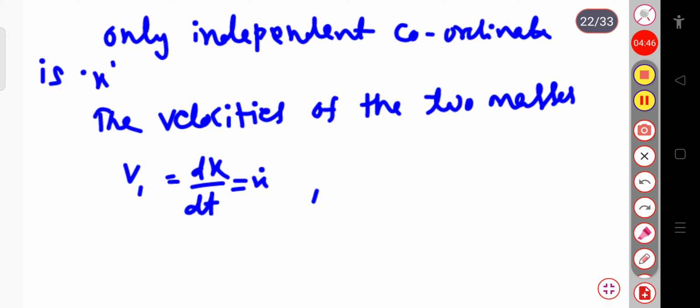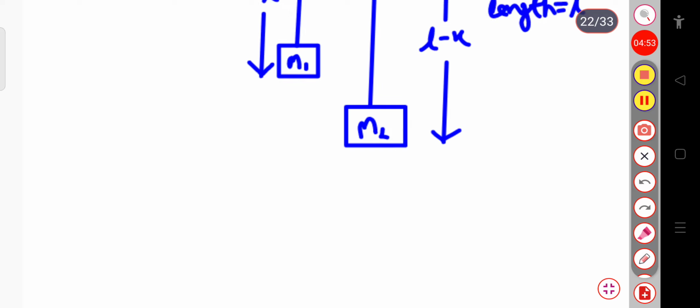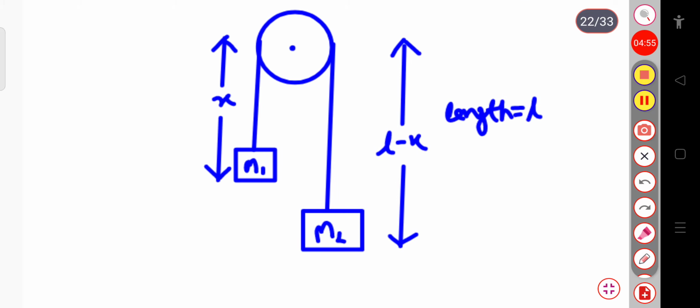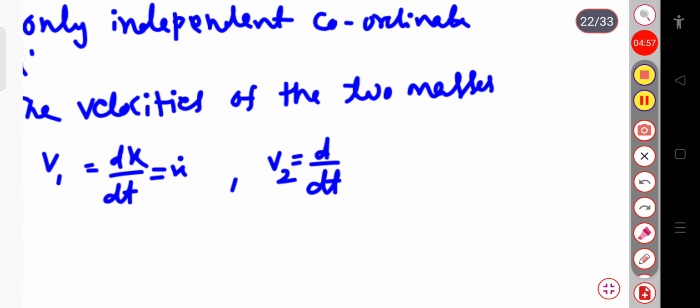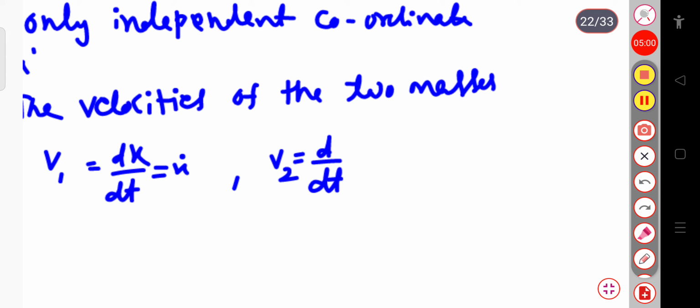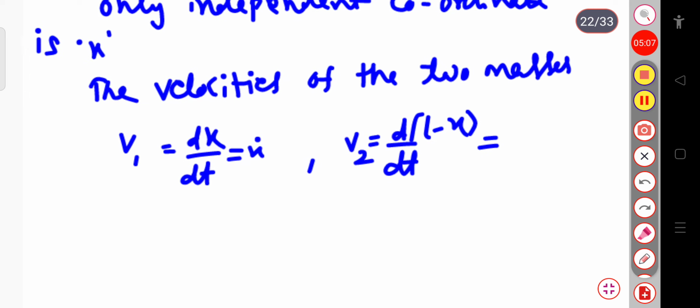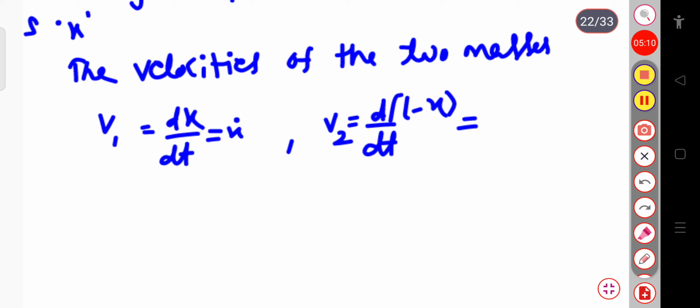And similarly for the velocity V2 of the second mass, the displacement is L minus x, so this will be d by dt of L minus x. Since the length of the string L is fixed, only x will be changing, so this will be minus dx by dt, or minus x dot. Only the x coordinate will change. So V2 is equal to minus x dot.